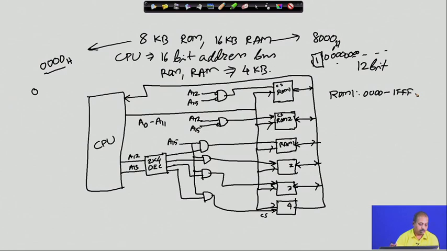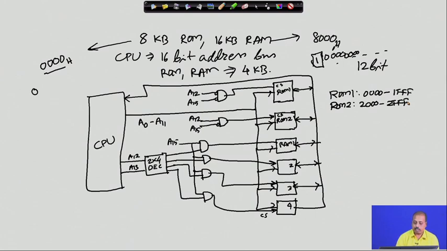For ROM 2, it is 2000 to 2FFF. So, this is the address range for the second ROM.